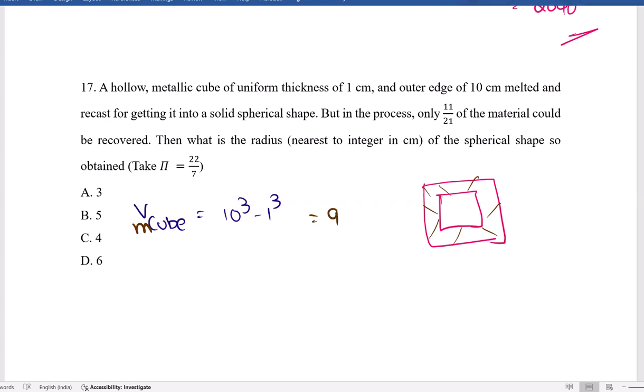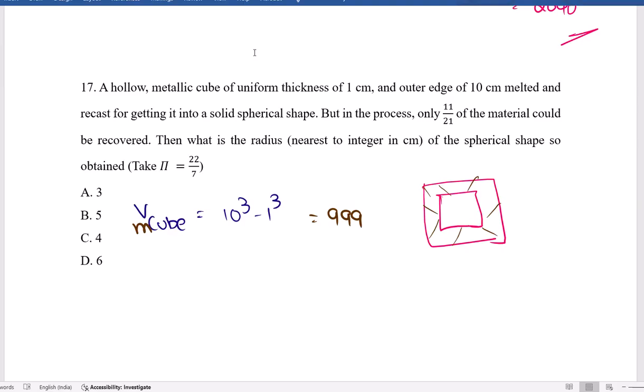Or is it 9 cube? Is it 9 cube? Fine, let it be, let's say 9 cube. Wait.